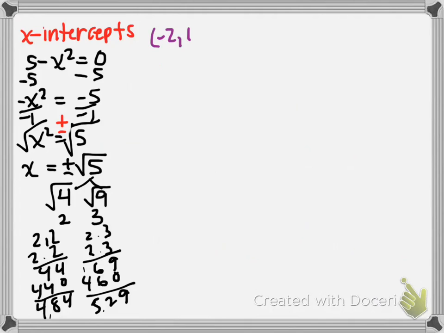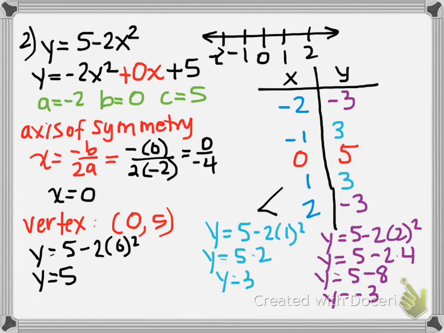Negative 2. Oops, did I make a calculation error? I think I may have. Let's go back and see what I did wrong. I picked 1, and I got, no, that looks right.